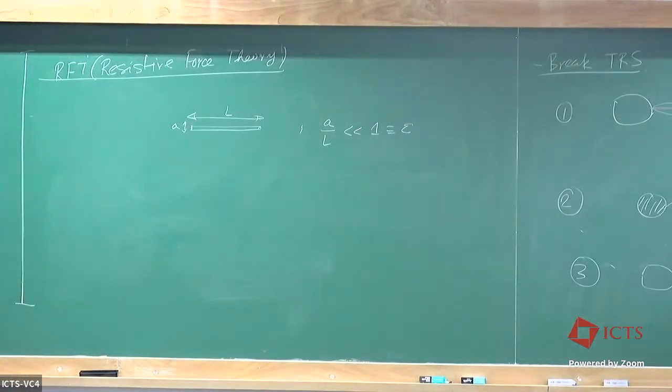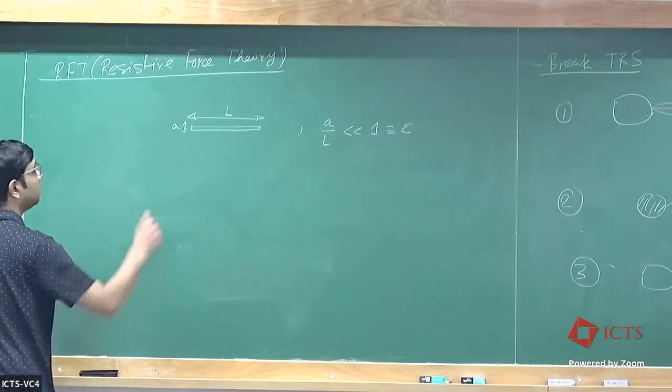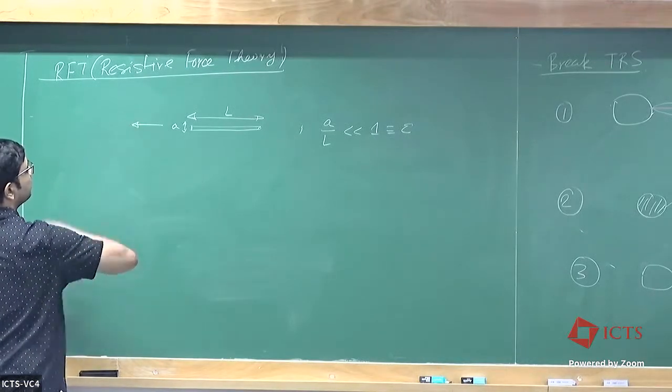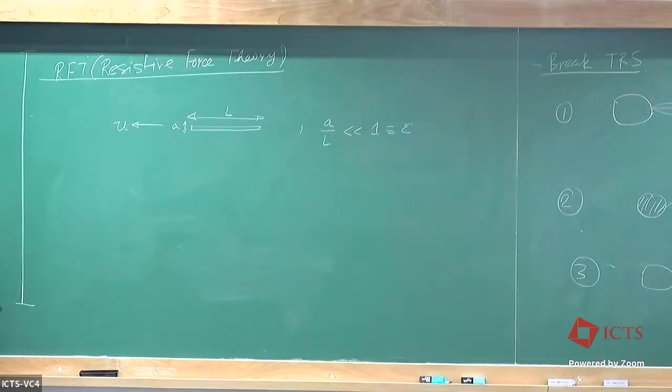So this is a long, skinny object. In this case, it's just a rigid rod that's there in the fluid. Now I ask you the following question: suppose I move it with a velocity u. When I'm moving it with a velocity u, of course, I'm applying a force, that's why it's moving. I'm dragging it, towing it with some force.